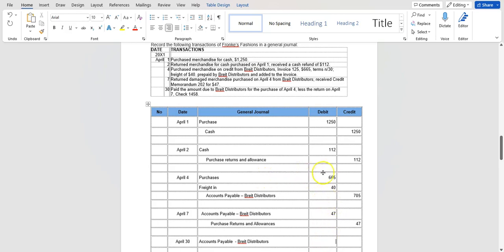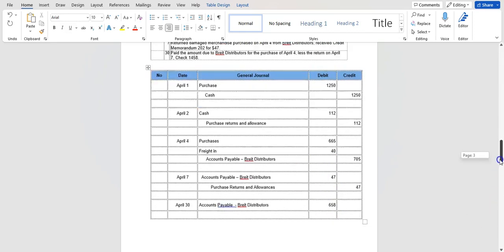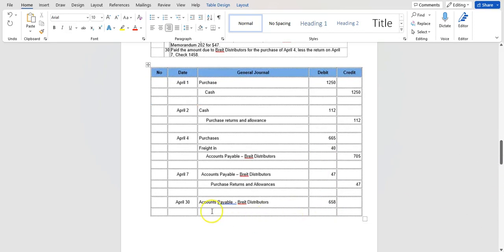So what's left in the account is this $665 minus this $47 of returns. So that leaves us at $658 left to pay out to Brett Distributors. Okay, and once we make payment, we're going to credit our cash to bring our cash down in the amount of the payment, $658.